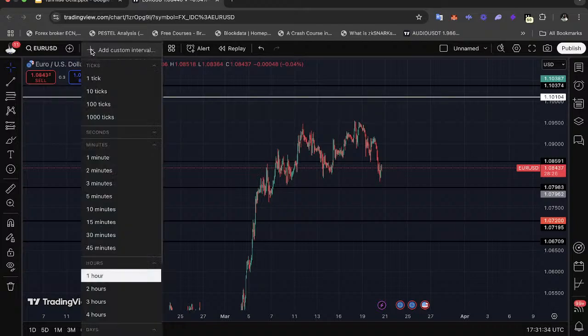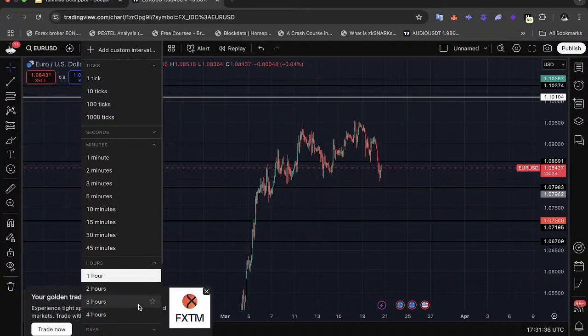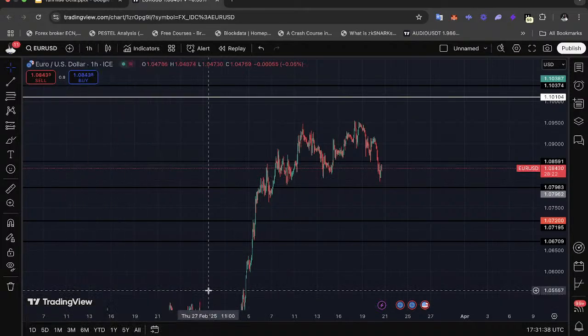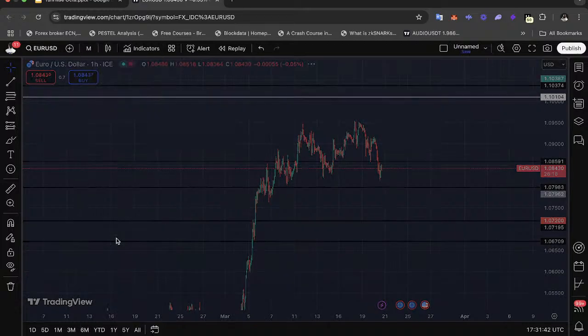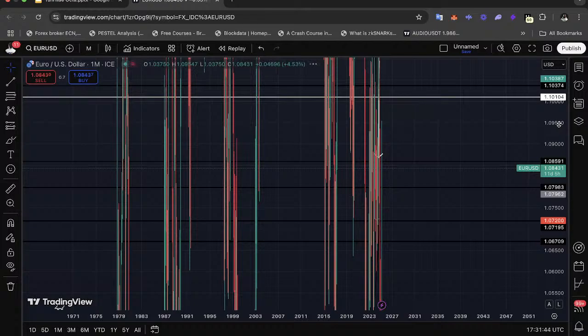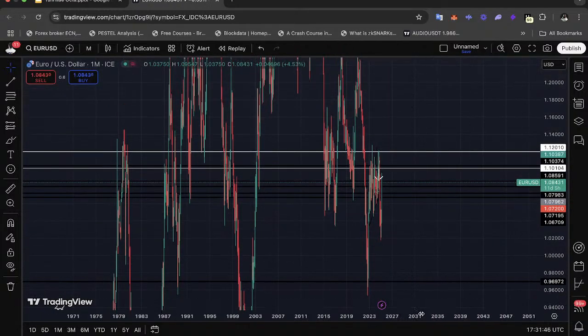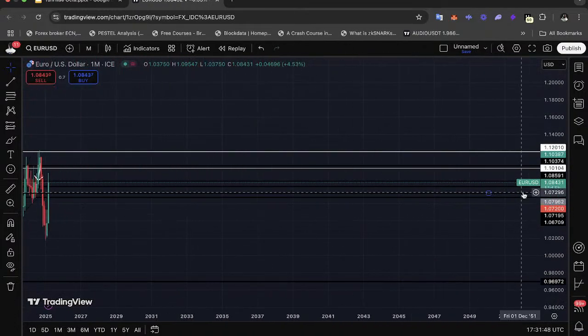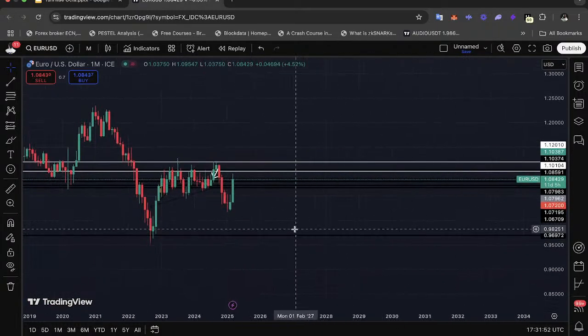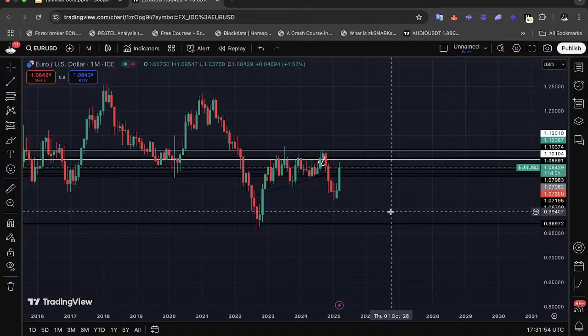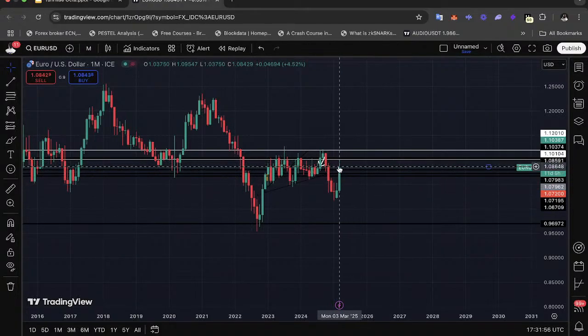I told us that we started on a journey from the monthly time frame, and on the monthly time frame there is no such signal or pattern forming, as you can see.